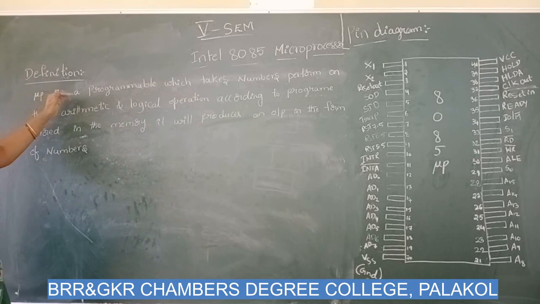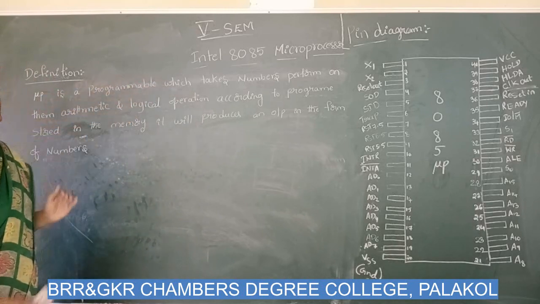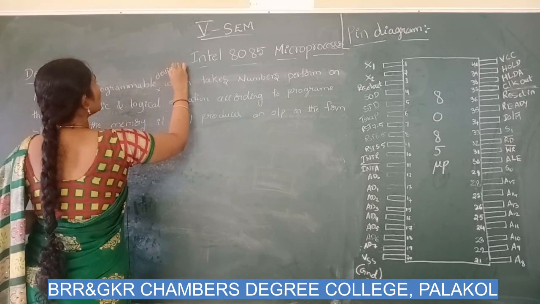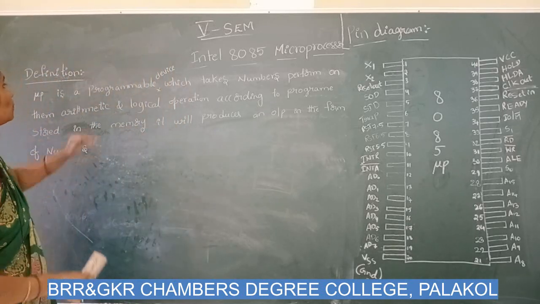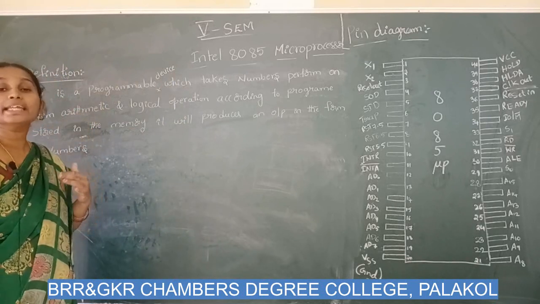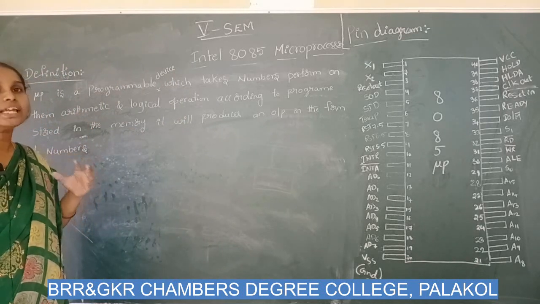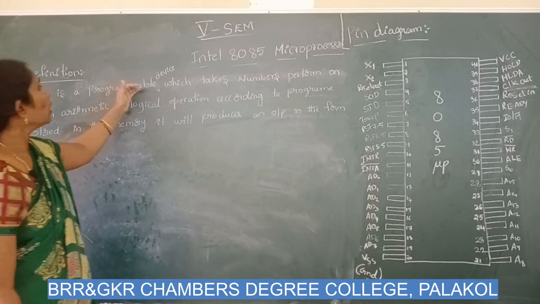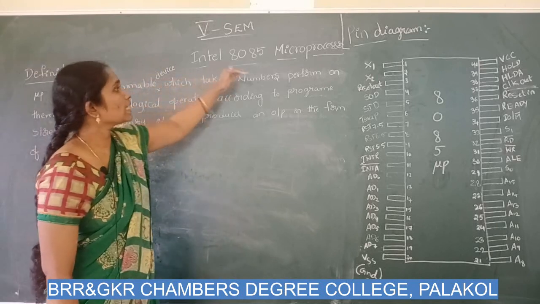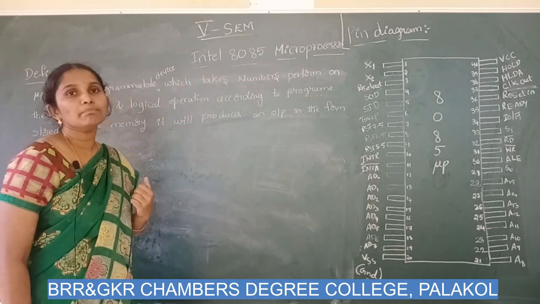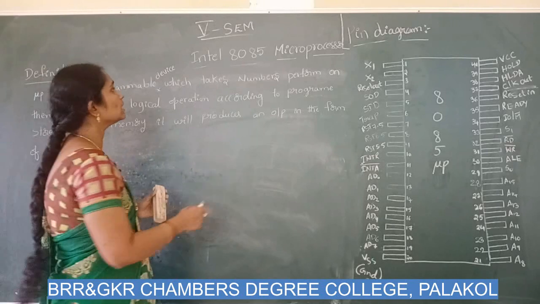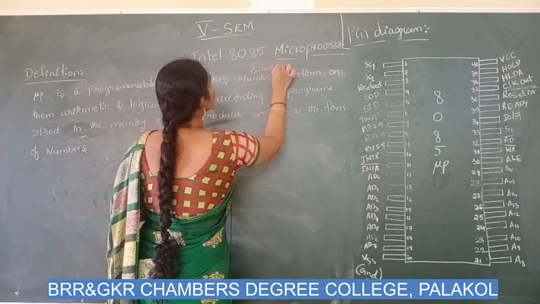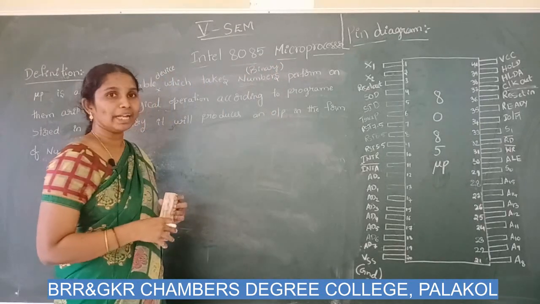So a microprocessor is a programmable device. A program is nothing but a set of instructions, and all those instructions are stored in the memory. A programmable device which takes numbers, what type of numbers are they? Those are binary numbers. It performs operations on those binary numbers.